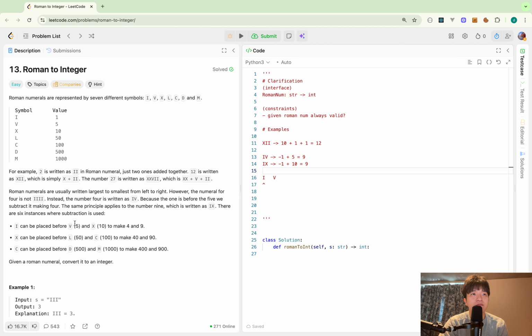Good. One thing I'd like to confirm is that this doesn't happen, so I just always have to take a look at the next digit only. Okay, so let me make it into the logic.